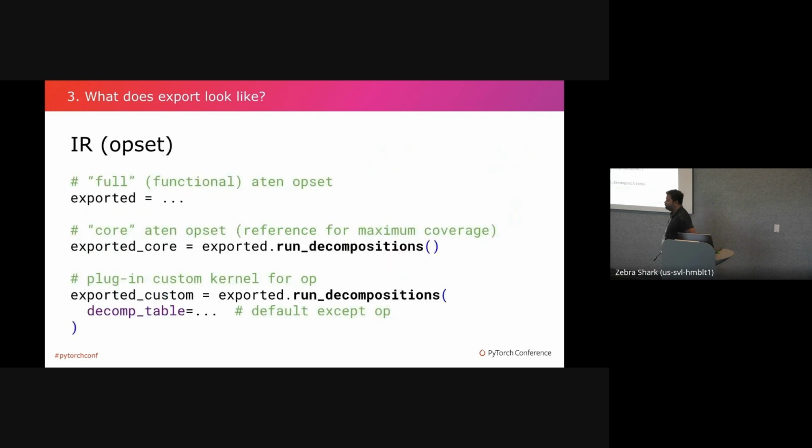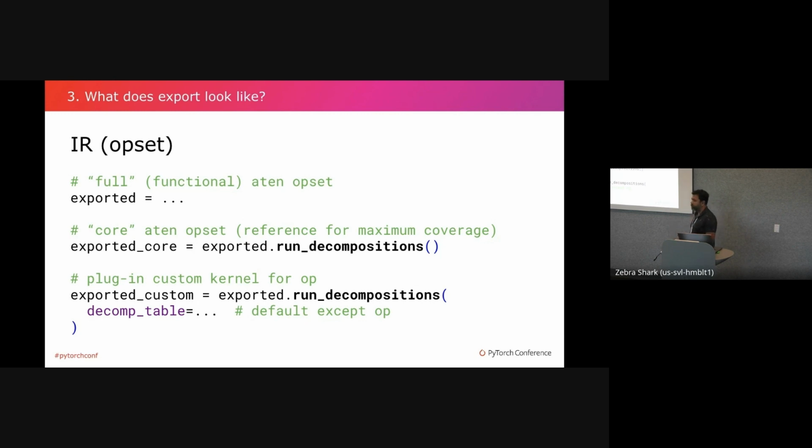All right. So finally, something that people who are working on backends might be interested in. By default, an export program contains operators in the full ATen opset. These are all functionalized to simplify transformation. Backend authors can actually target a core subset of these operators for maximum coverage. And it is a simple API call to transform an export program to this subset.